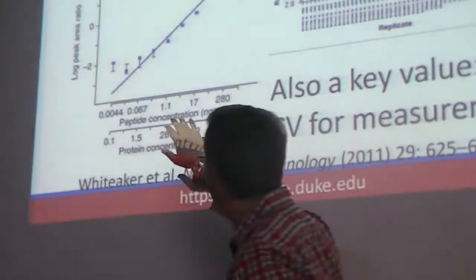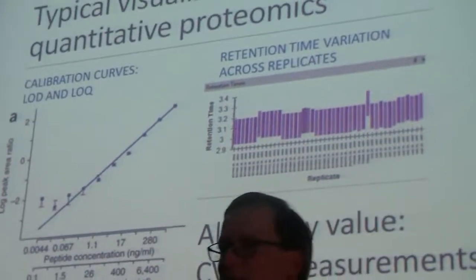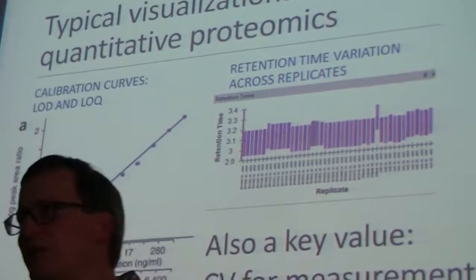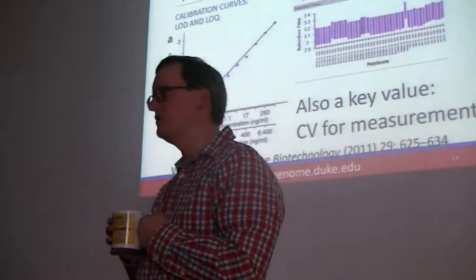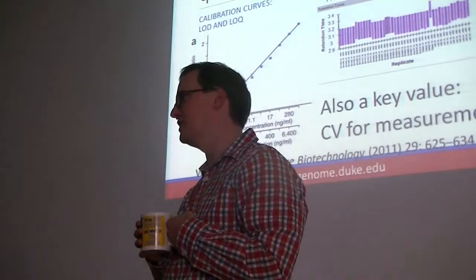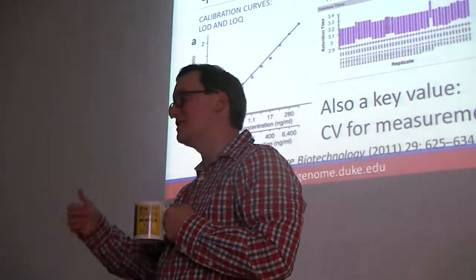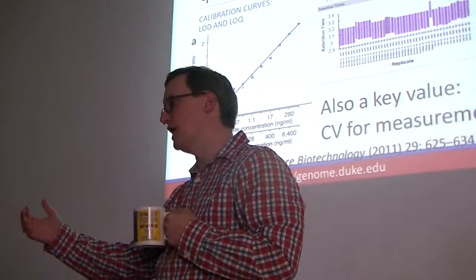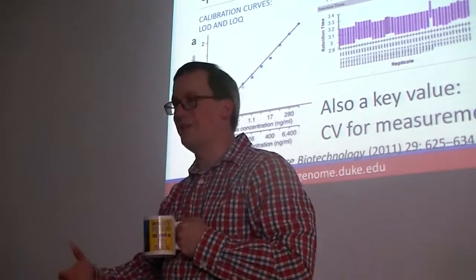Okay, so that was the calibration curve. Over here on the right, we have a retention time variation. This is something very important to understand. Frequently, the chromatography we use in biology is not really optimized for perfect separation. It's optimized for reproducibility. It's geared toward the ability to be used in a wide variety of analytes.